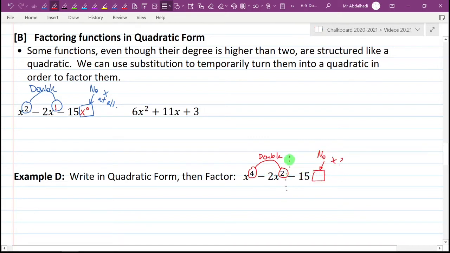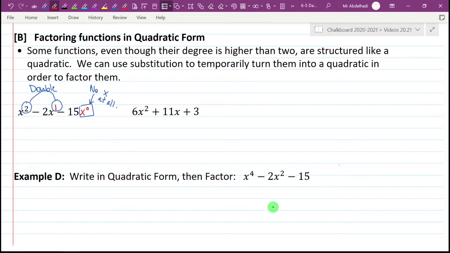The answer to both of these questions is yes. This is double this, and this has no x at all. So that means it's eligible for you to use this method I'm about to show you. The method is called substitution. Now, it's not the same kind of substitution that we did back in substitution and elimination, but it's still considered substitution. We're going to substitute something for these x's to make this a quadratic expression. So how do we do this?